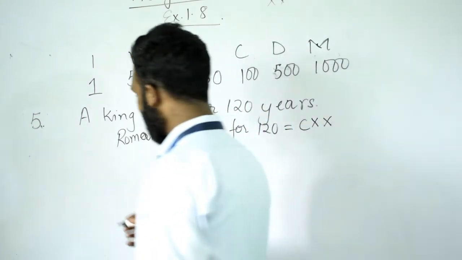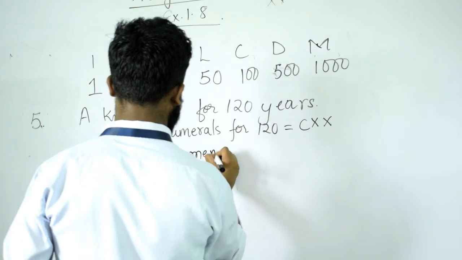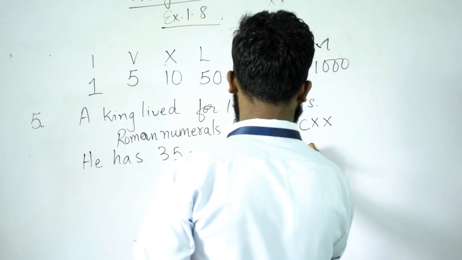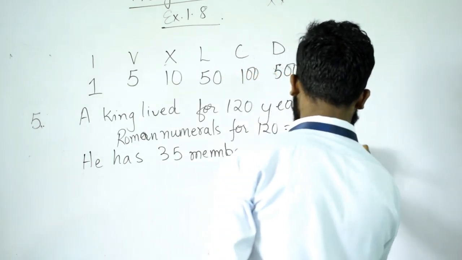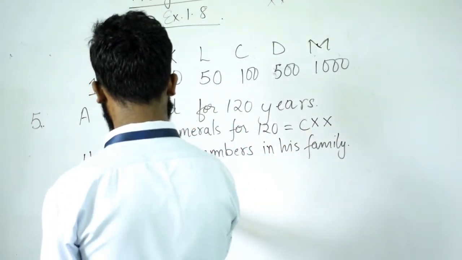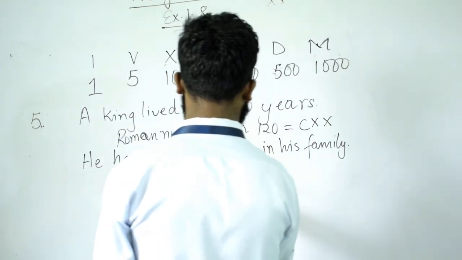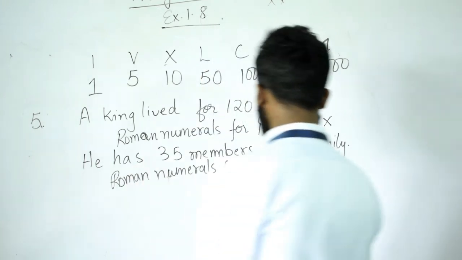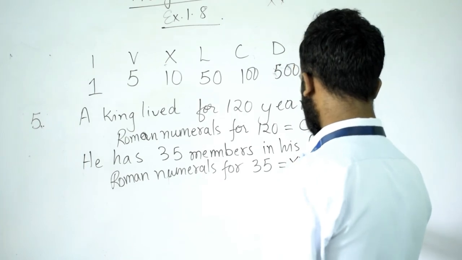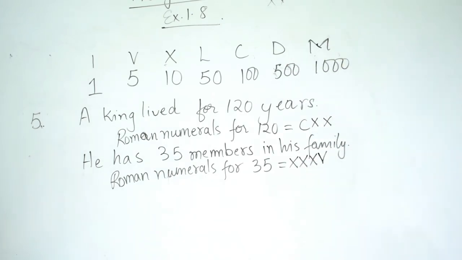In another it is saying he has 35 members in his family. Then the Roman numeral for 35: how will we write 30? I said we can repeat three times, 10, 20, 30, and for 5 we'll write V. So this is how we'll write 35.